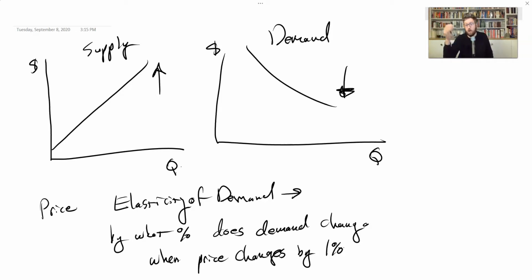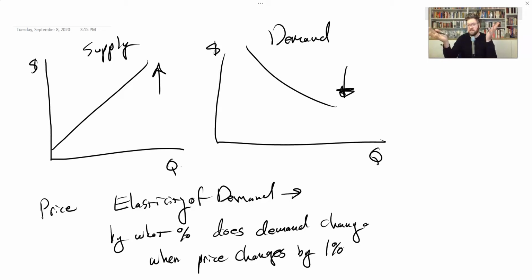Or conversely, a 1% decrease in price leads to a 1,000% increase in demand. You can also have an elasticity of, say, 0, which means that as you change the price, the effect on demand is zilch. They always demand the same amount.